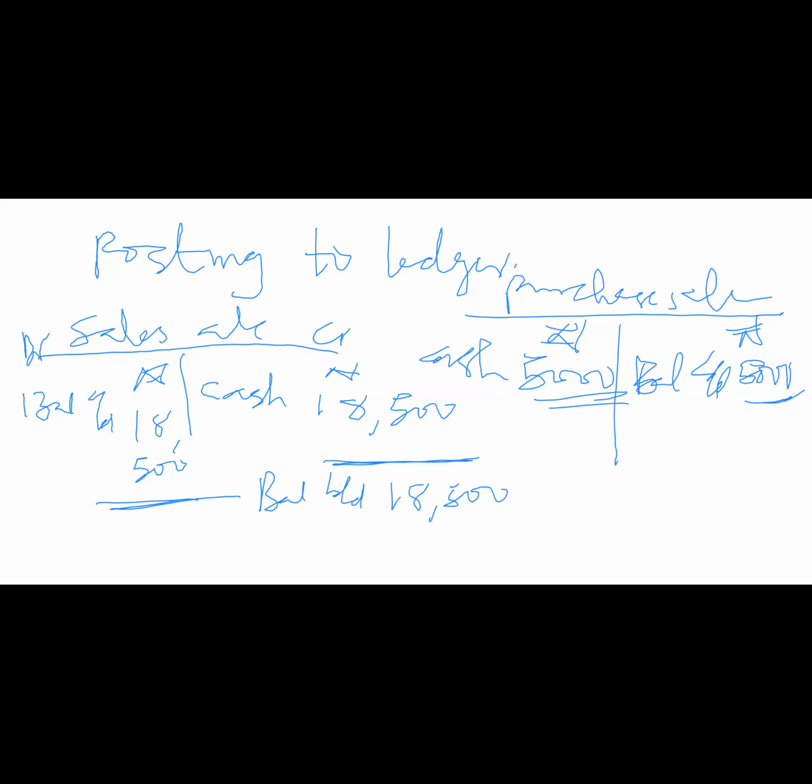Take for instance sales accounts. On the cash book, sales is under the debit side, but in the ledger you post it to the credit side. The purchase was under the credit side in the cash book, but in the purchase account you post it to the debit side. Do you get that? Yes, sir, it's noted. So here we have balance brought down of 5,000 naira.